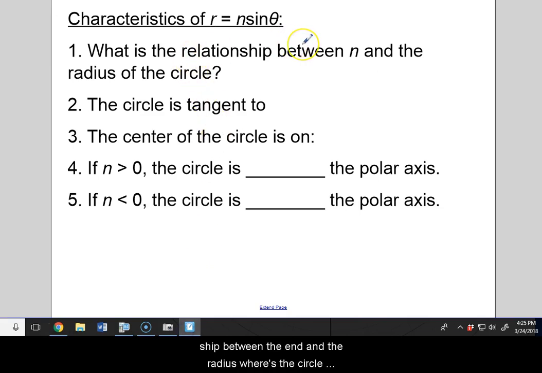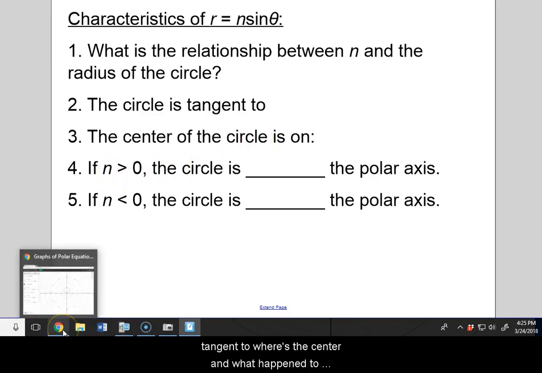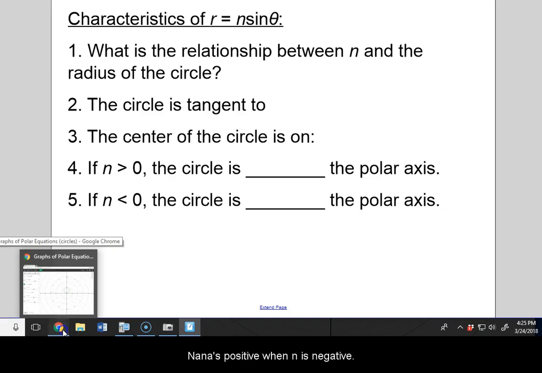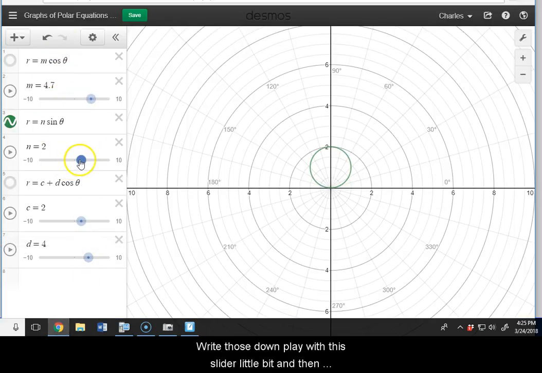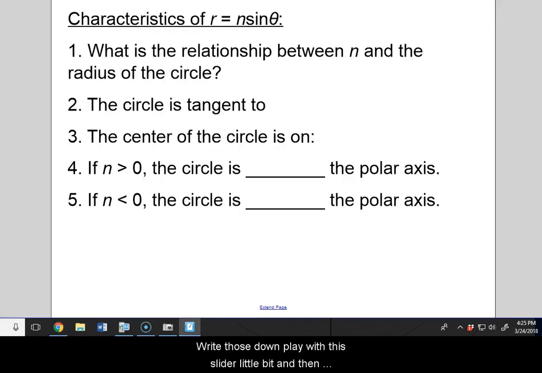Relationship between n and the radius, where's the circle tangent to, where's the center, and then what happens when n is positive, when n is negative. Write those down, play with this slider a little bit, and then jot down your observations in the form of those answers. Okay, so pause the recording, write those questions, and then get on Desmos and play a little bit.